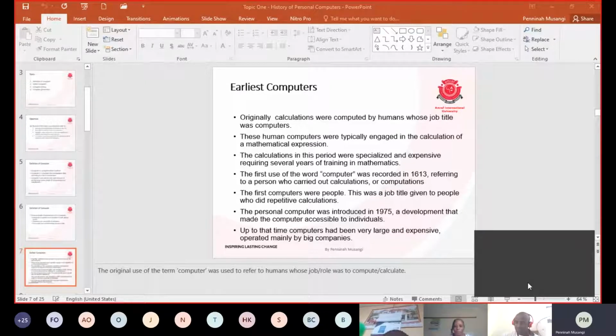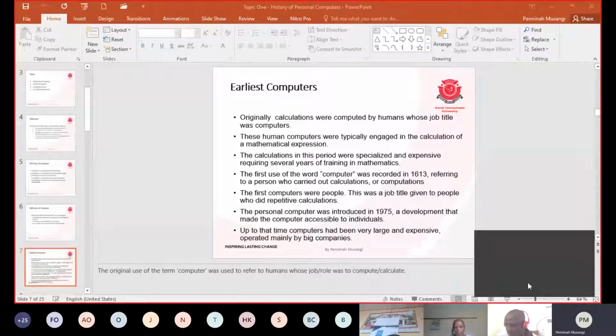So when we say personal computer, the term came into being at this time because computers, as machines, as devices, were now more accessible to individuals. They could afford and they could buy. That meant people could own computers, and therefore there came this term personal computer.